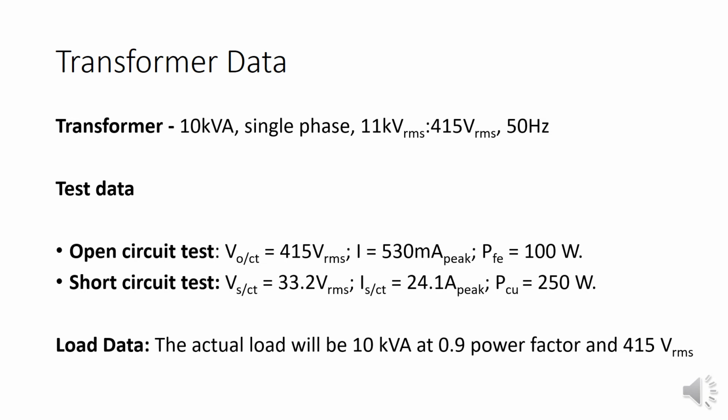But if you are going to connect a load, this is the load that you can connect, because this is the load you are given. The actual load will be 10 kVA at 0.9 power factor and 450 volt RMS through that load.